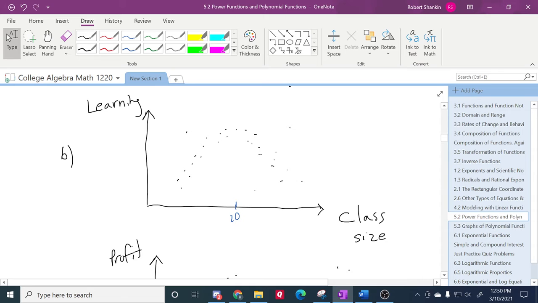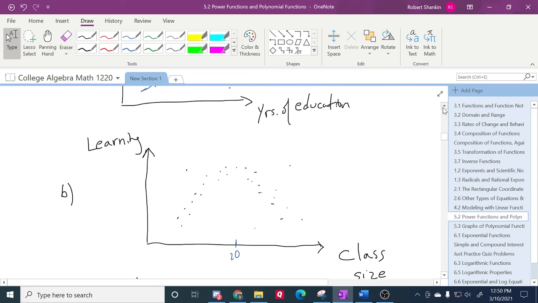Now this one is, oops, I keep going backwards. Alright, class size versus learning. So, in the field of education, you might find the same school doing very different philosophies depending on who's in charge.